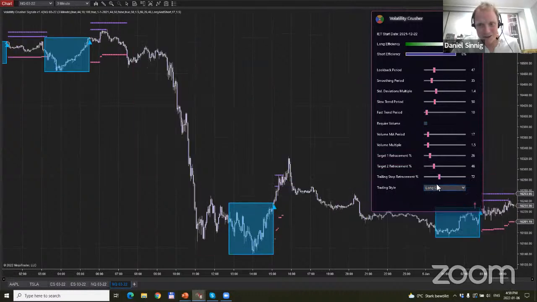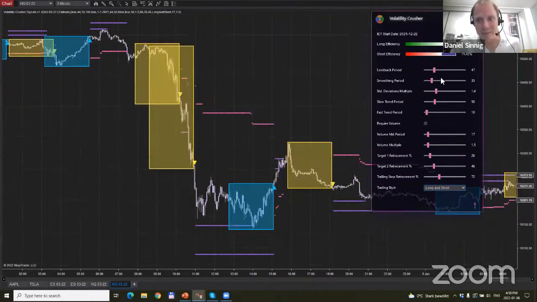I could play with this all day long because it's so much fun just to see the effect of these parameters. And it makes it easy to find the best configuration, but also it's good for you to understand what a particular setting is doing and how it impacts the visualizations on the chart, the signals on the chart. So I find this super useful, and I hope you like it as well.